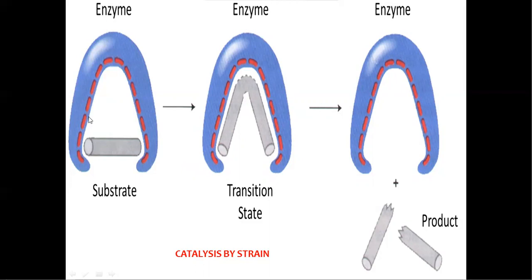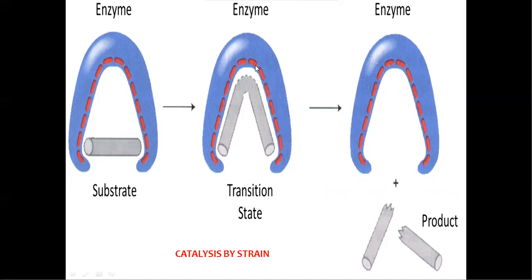So there is a gap between the enzyme and substrate molecules, which leads to catalysis by strain. To fill this gap, the enzyme will be straining, stretching the bonds and the substrate molecules, and it reaches the transition state.